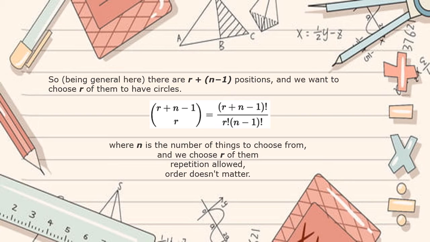And we have this formula, which is the quantity of r plus n minus 1 factorial over r factorial times the quantity of n minus 1 factorial, where n is the number of things to choose from and we choose r of them. Repetition is allowed and the order doesn't matter.